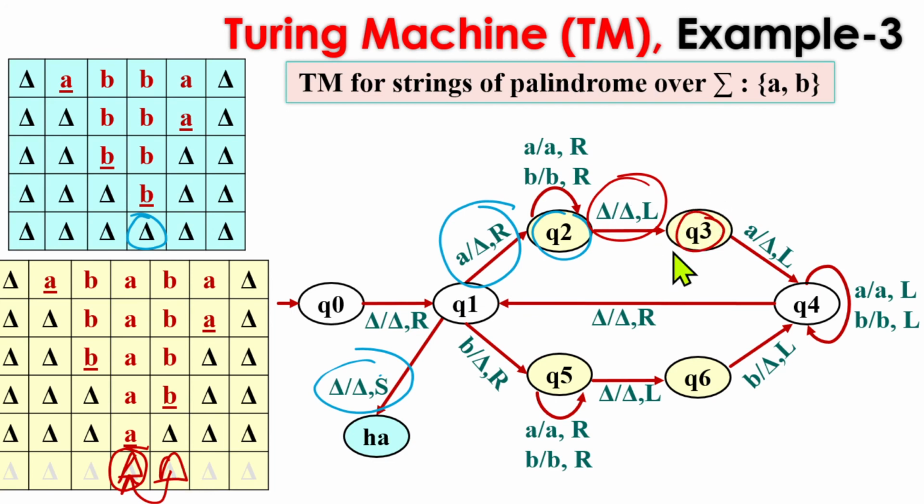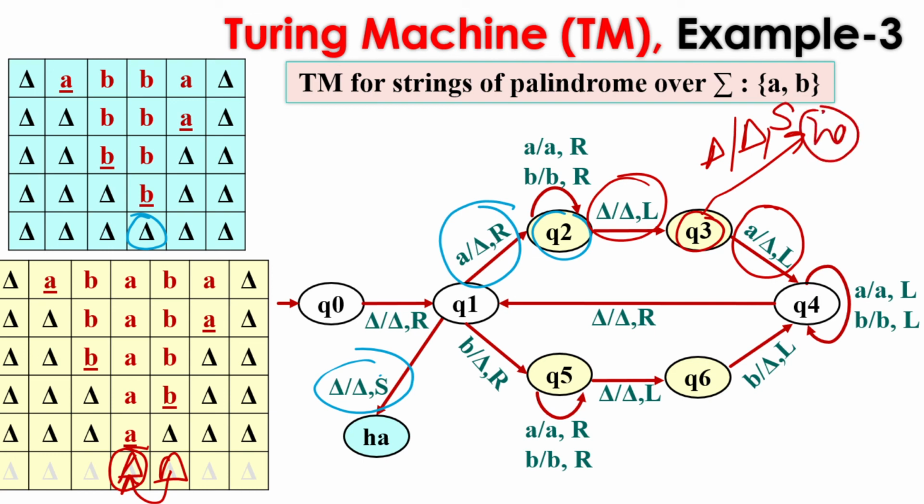So we can say that here we are not getting another a from q3 to replace with null, but here we can show the acceptance as we are having all nulls or blanks. So blank will be replaced by blank and we can show the acceptance for this string.